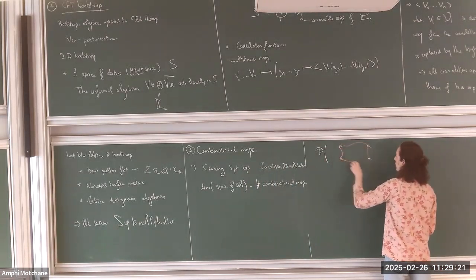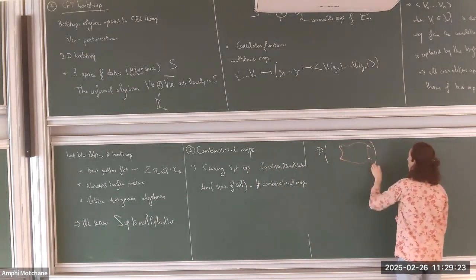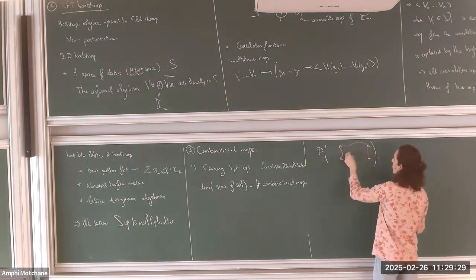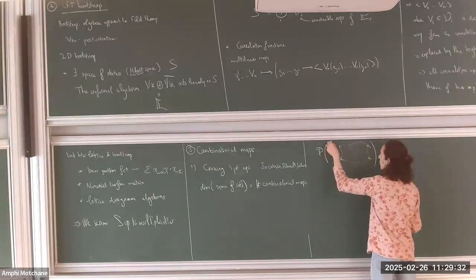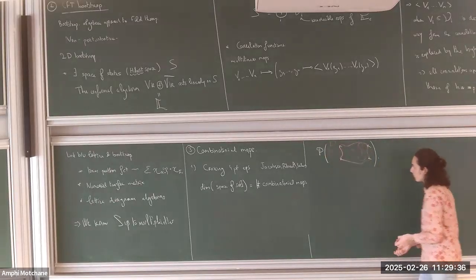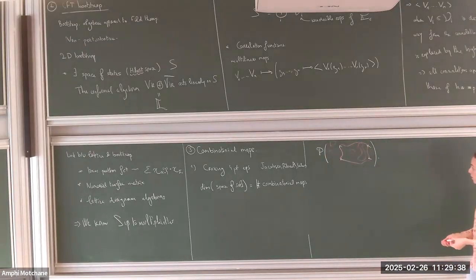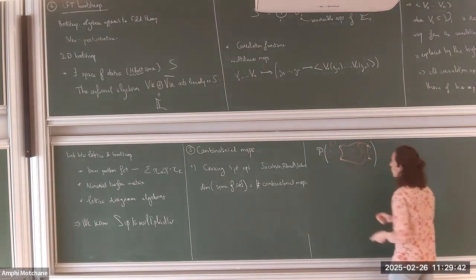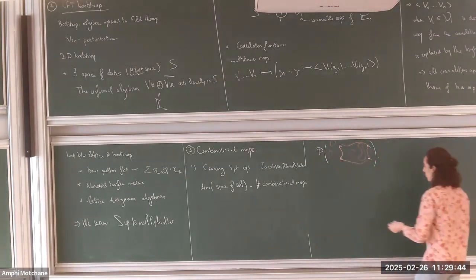So let's say this one. And of course, the rest of the model has loops everywhere, randomly distributed of all types of sizes and shapes. And the way we think about this is that this probability can just be represented by a certain combinatorial map.